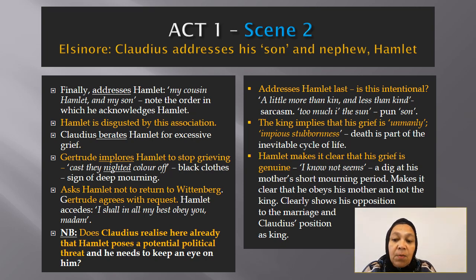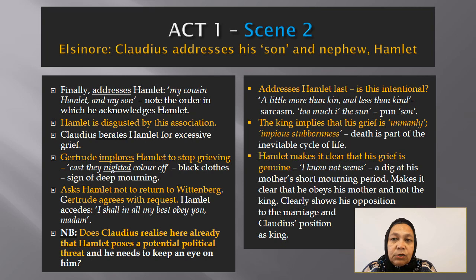Notice the comma and then the word madam. There is emphasis on the word madam, and Hamlet is making it very obvious to Claudius that he is obeying his mother, because he does not respect Claudius as being either his father or his monarch.